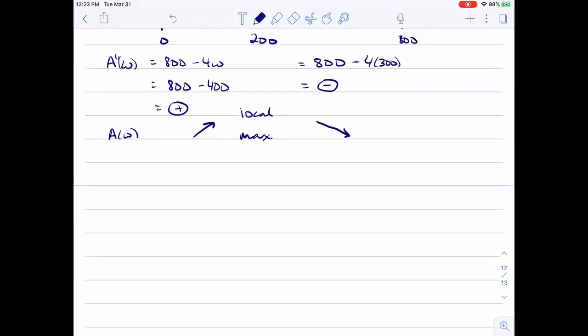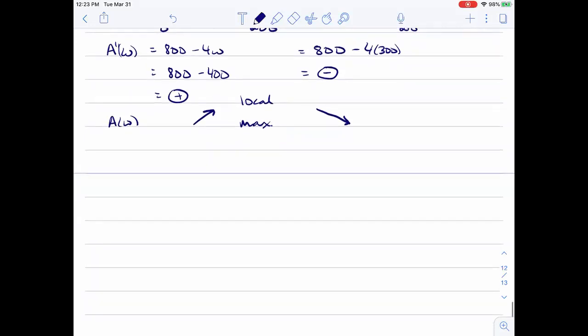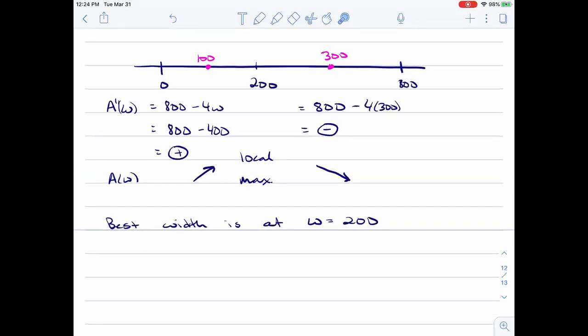Okay. So what we can say here is that the best width is at W equals 200. Judging by this, I don't really have to evaluate the endpoints because I know I'm increasing from 0 to 200, and then decreasing from 200 to 800.